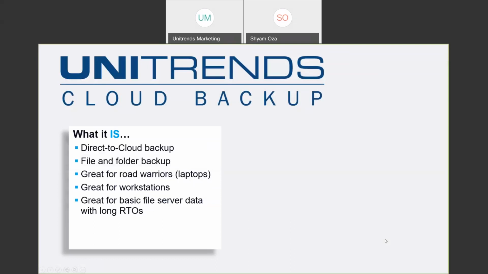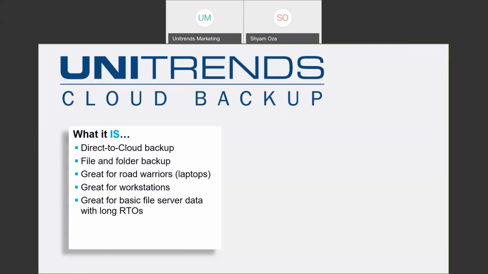So first of all, let's level set. What is Unitrends Cloud Backup? It is a backup technology that allows us to take files and folders directly to the cloud without an appliance, without any steps or anything else in between.